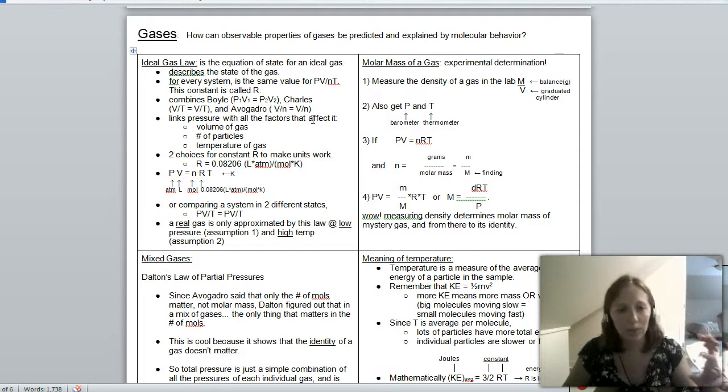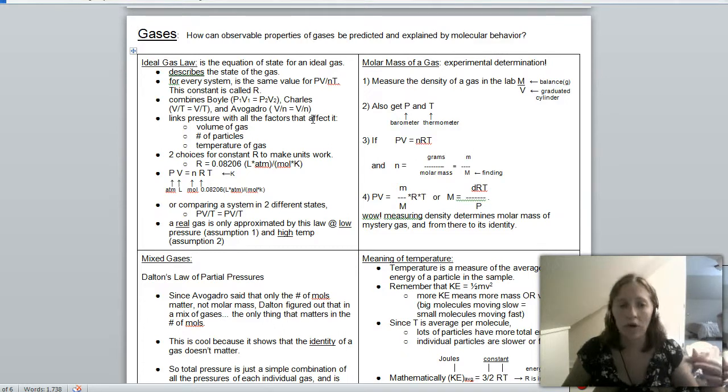R is kind of the combination of the 3 constants that you had from Boyle and Charles and Avogadro. And they have figured out just through trial and error what the value of R is, because you can take any gas system and measure P, V, n, and T, and you'll get R every time.